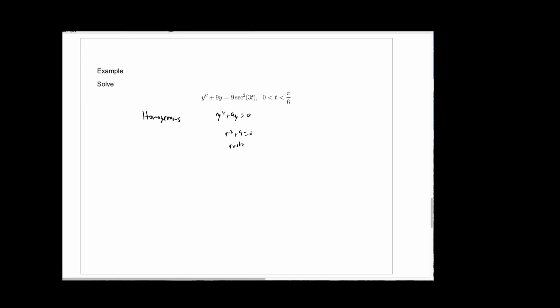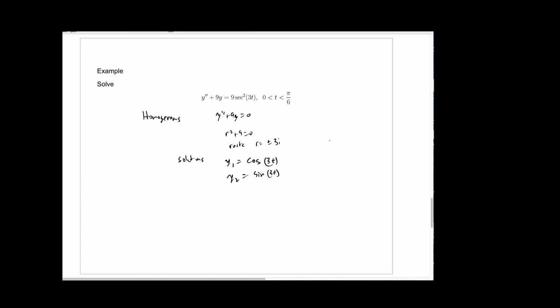That has roots r equals plus or minus 3i. That tells us we have solutions. I'll call them y1 is cosine of 3t, and I'll call y2 sine of 3t. And these will be a fundamental set of solutions to our homogeneous differential equation.